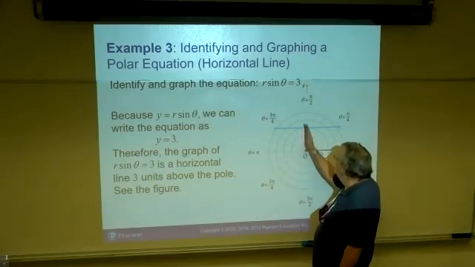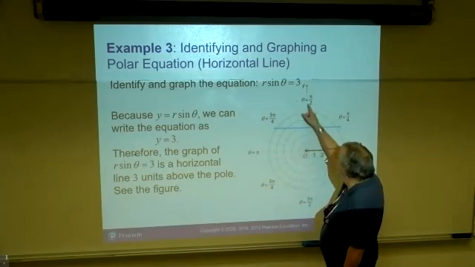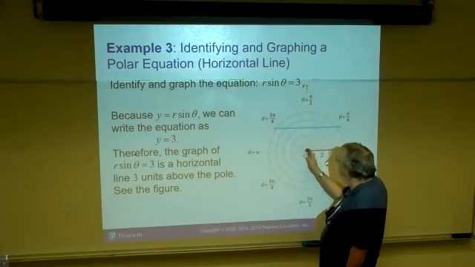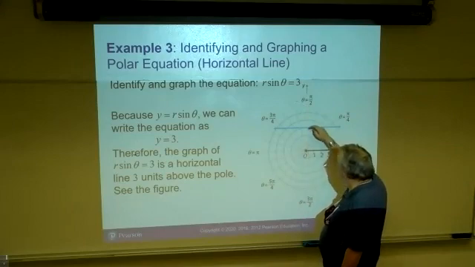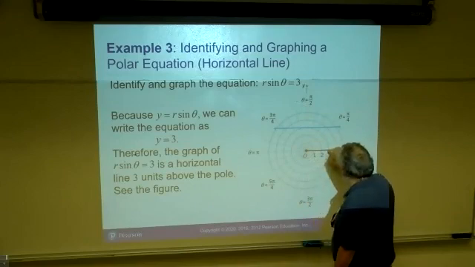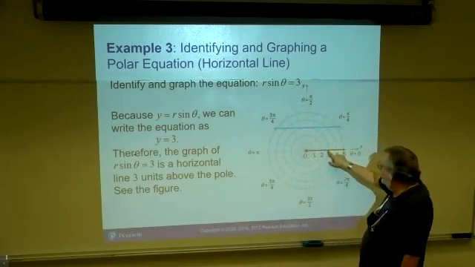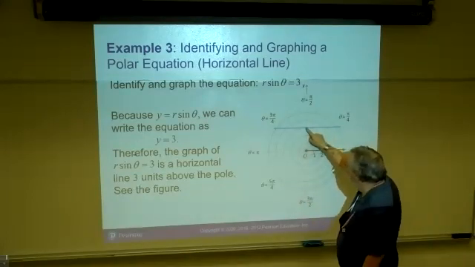It's going to be perpendicular to the line theta equals pi over 2, because it's tangent to the circle r equals 3 at that point.